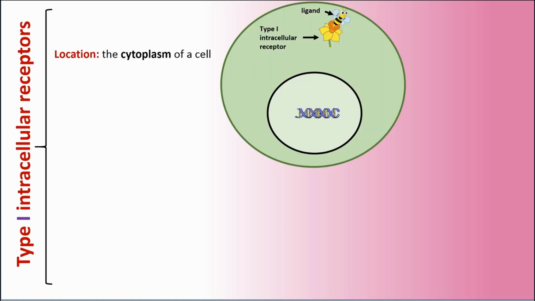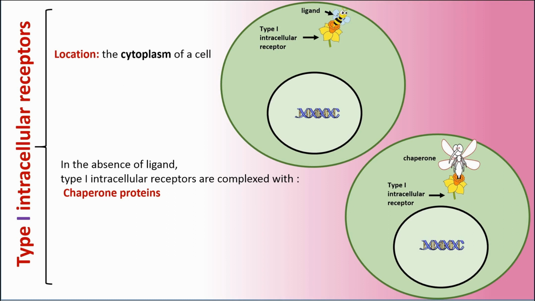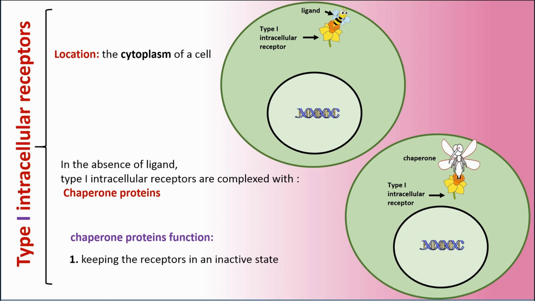Type 1 intracellular receptors are located in the cytoplasm of a cell. In the absence of ligand, type 1 intracellular receptors are complexed with chaperone proteins. Chaperone proteins function in keeping the receptors in an inactive state, and maintaining the receptor's dormant state.